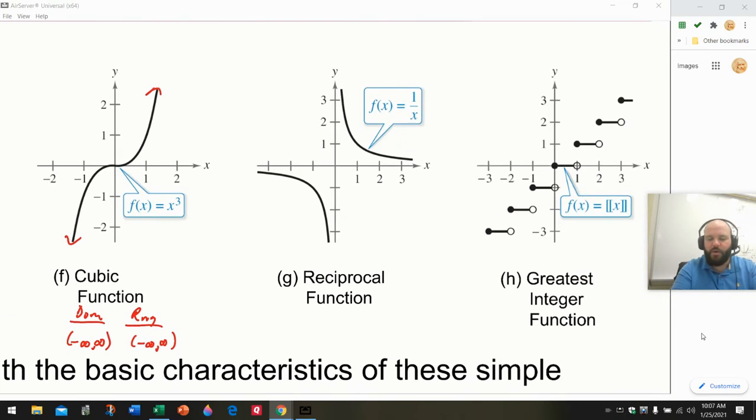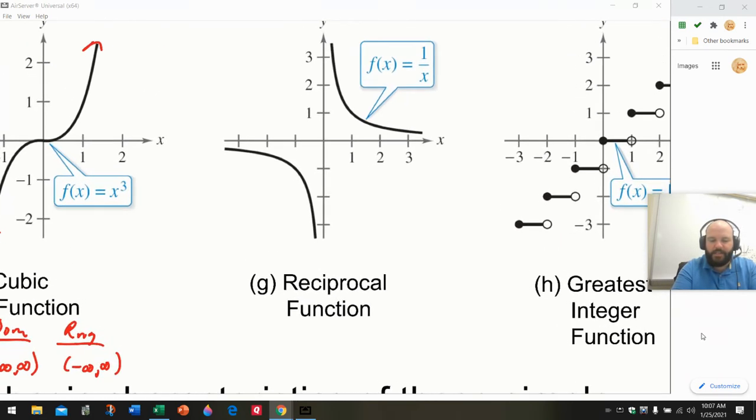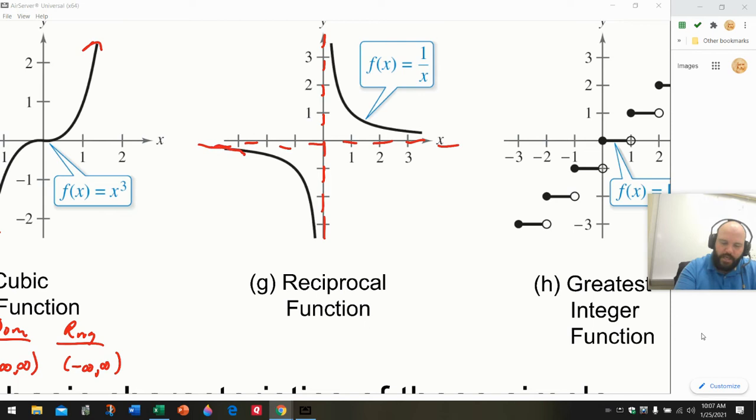Now, the next two are a little strange, okay? This one is called the reciprocal function. And what I want you to notice is there is a gap in the graph right here, and there's also a gap in the graph right there. So those gaps occur on the x-axis and the y-axis. So they're skipping over. The graph gets really close to the x-axis, then jumps up and then goes up like that.